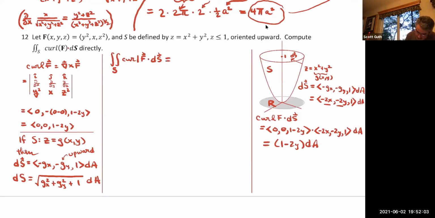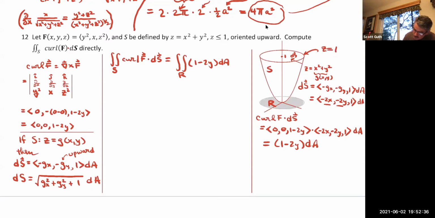This is just a double integral of 1 minus 2y dA. And dA is in the coordinate plane, so you're just integrating over R now. R is a circle, so it makes sense to put this in polar. It's a circle of radius 1. So up here, z is 1, okay?